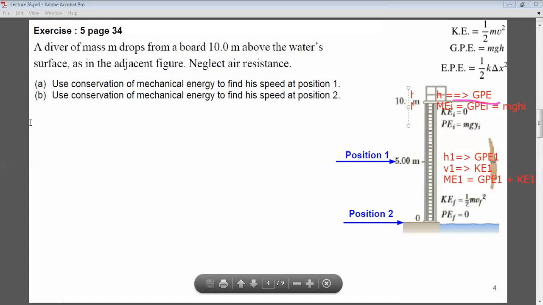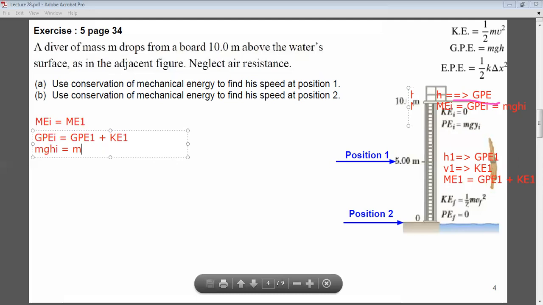So let's apply the conservation of mechanical energy. So we say mechanical energy initial is equal to mechanical energy at position 1. Mechanical energy initial is GPE initial. This is equal to GPE 1 plus kinetic energy 1. GPE initial is mgh initial.